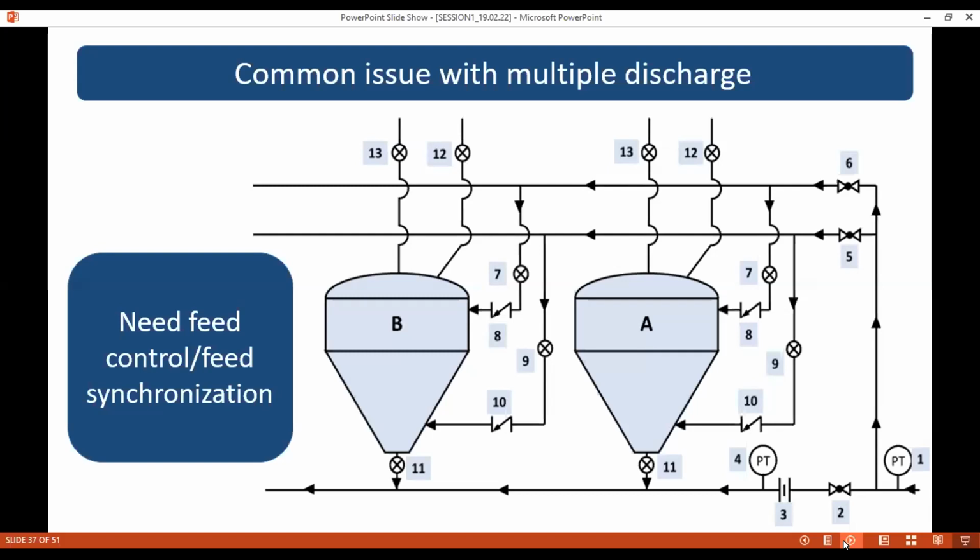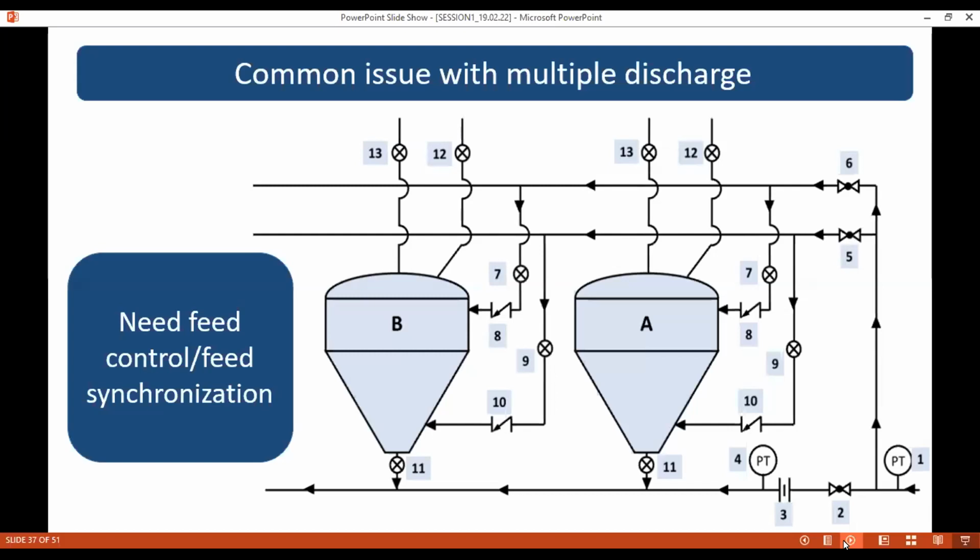And your compressor has been sized for 120 tons per hour. So that extra 60 tons per hour, what is it going to do? It is going to block the line, right? So synchronization of the feeder with the system is very important.